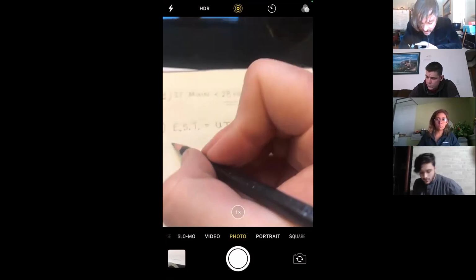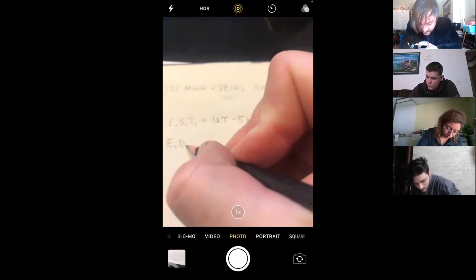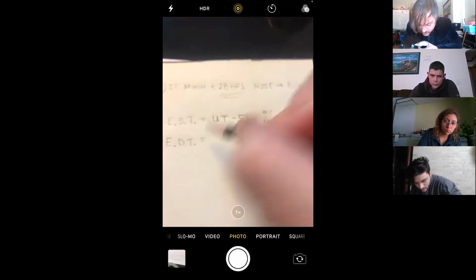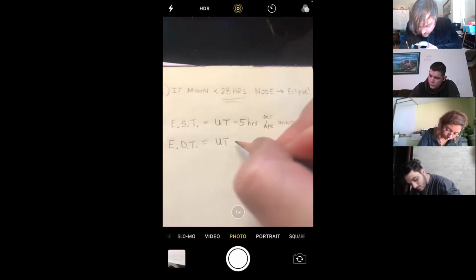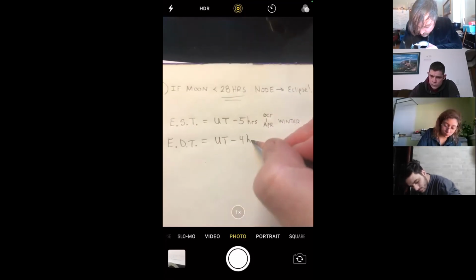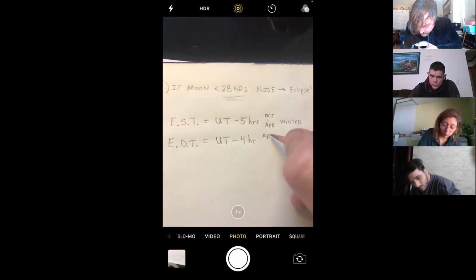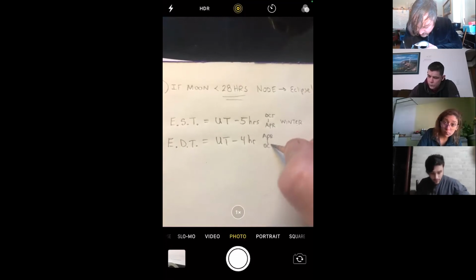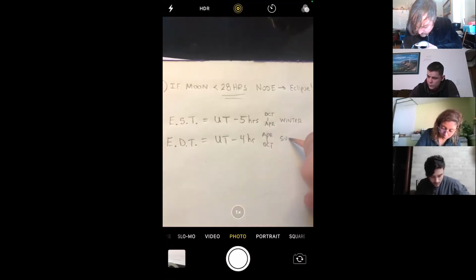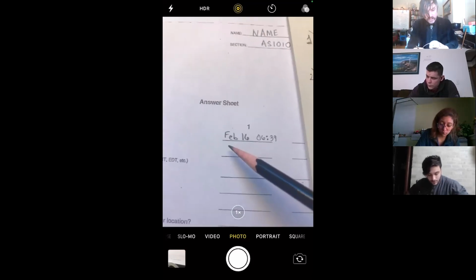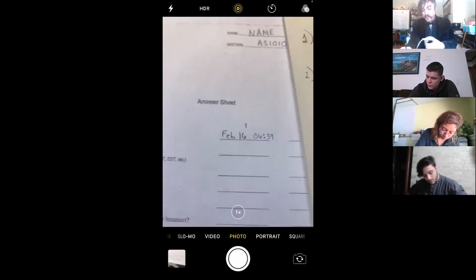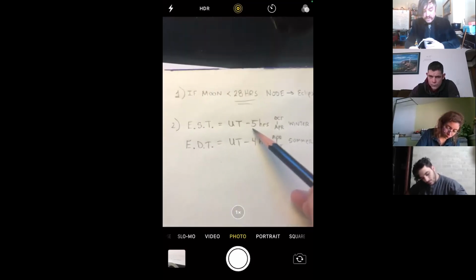In the summer, we have Eastern Daylight Time, daylight savings time. And when we do that, we do universal time minus 4 hours. That goes from approximately April to October, or summer months. You'll notice that this was a winter time eclipse, so we have to use Eastern Standard Time.